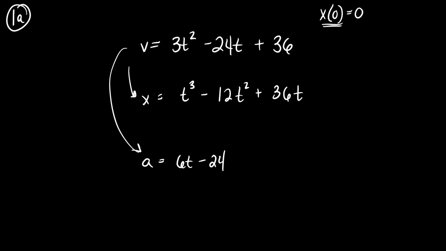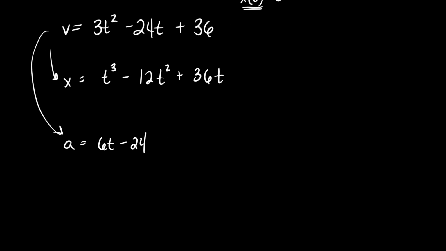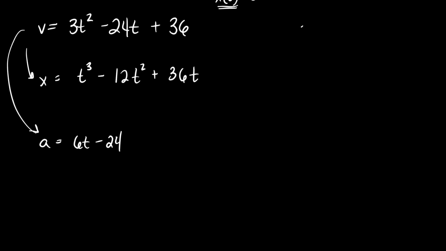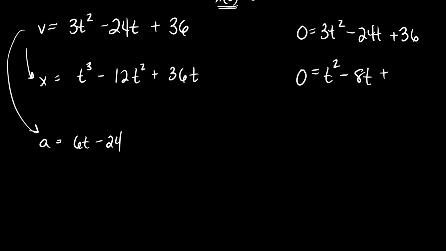Then find the position when the velocity is 0. So 0 equals 3t squared minus 24t plus 36. Let's simplify that to make it t squared minus 8t plus 12, I think. I think we'll go with factoring because this looks like it factors. Can I use 2 and 6 as my factors?